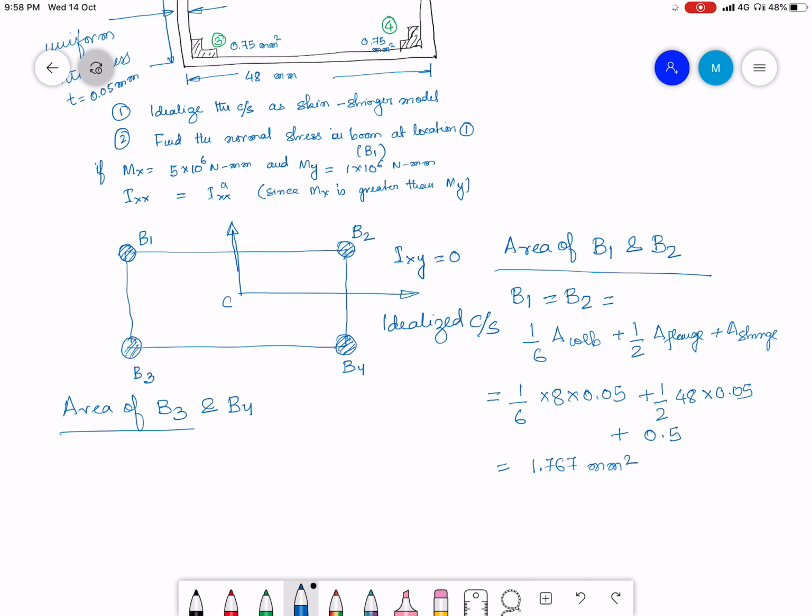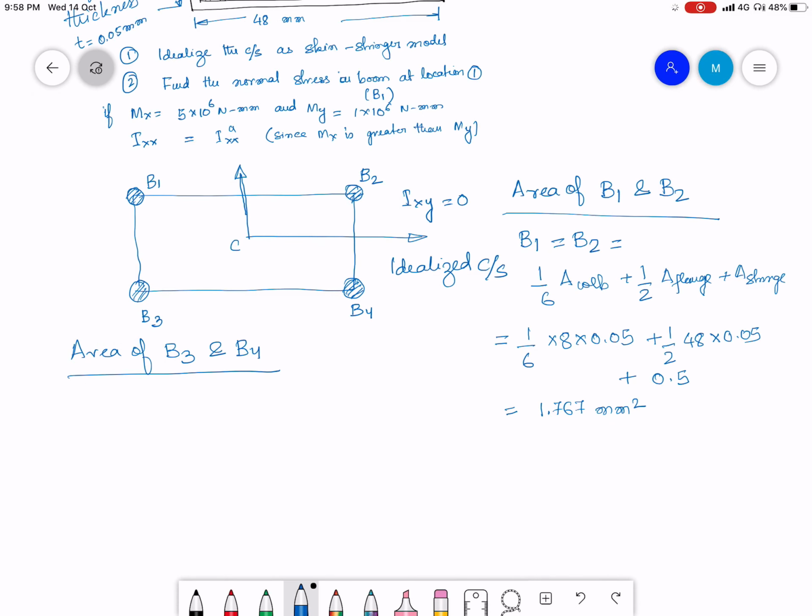If I try to find that out, then the area of B3 should be equal to the area of B4, and that should be equal to 1/6 of A web plus half of A flange plus the area of the stringer.